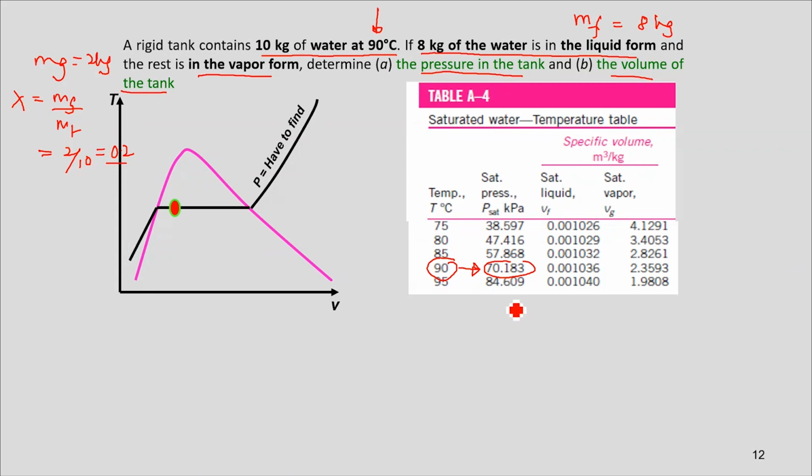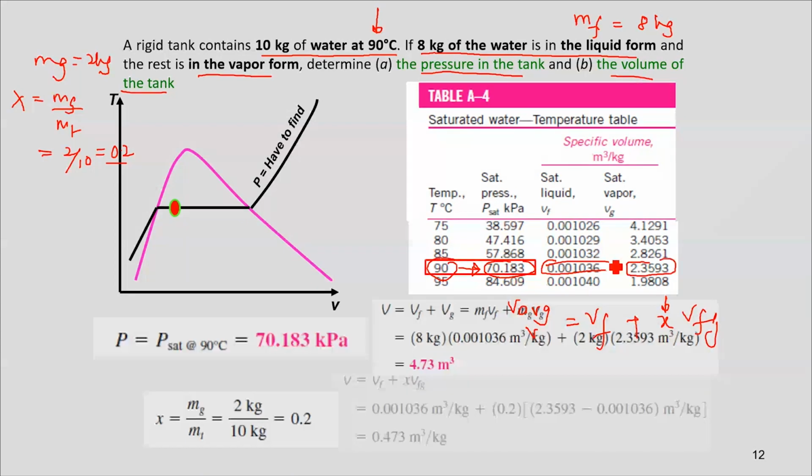You'll have to use the relationship v average, or v, is essentially equal to vf plus x vfg. x is known to you. vf for 90 degrees is known to you. vfg can be calculated using vg and vf, the difference of the two. So you used vf, x value, and the difference of vg and vf to find out the specific volume. Once you have the specific volume and the total mass of the system is known to you, you'll just have to multiply to find out the volume of your system.